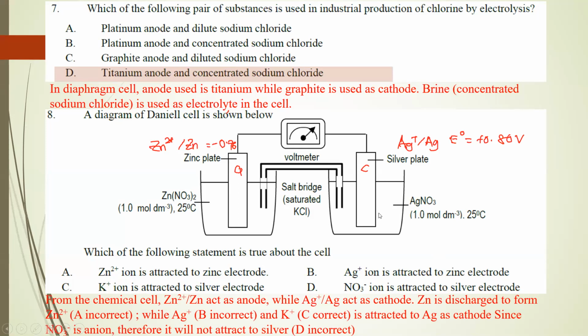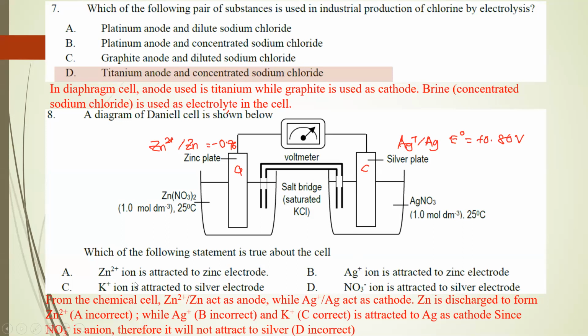Silver ion will eventually be attracted to the cathode. So the rule is like this: anion attracted to anode, cation attracted to cathode. So if zinc ion, the positive cation, goes to the cathode silver plate, silver ion, which is the cation, is attracted to the silver plate also, because cation is attracted to cathode.